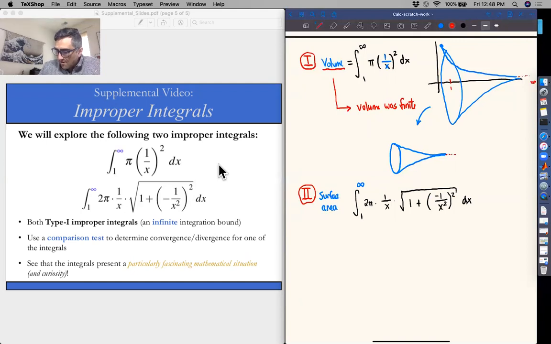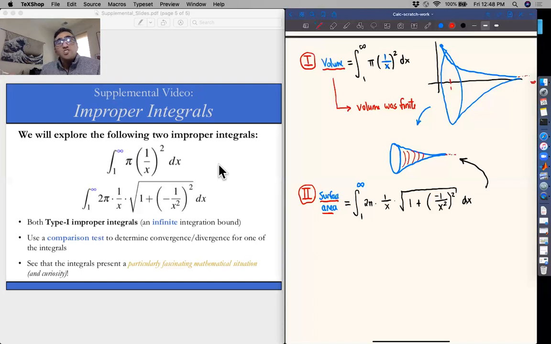And it's surface area of that same three-dimensional curvy cone coming from that volume calculation. So this is the surface area of this cone.